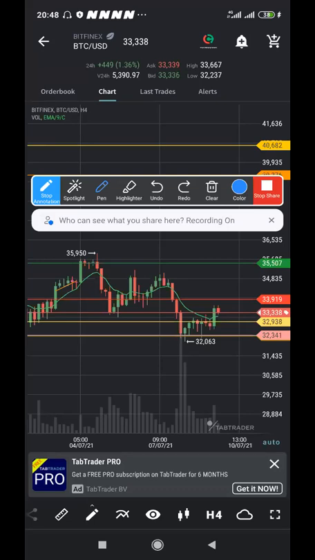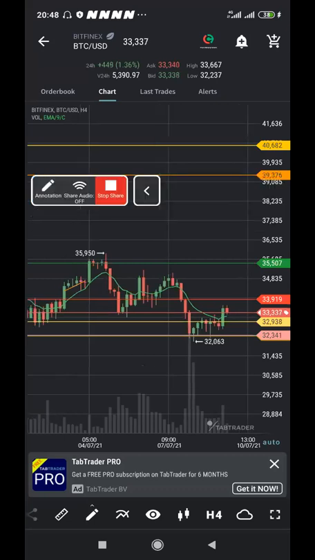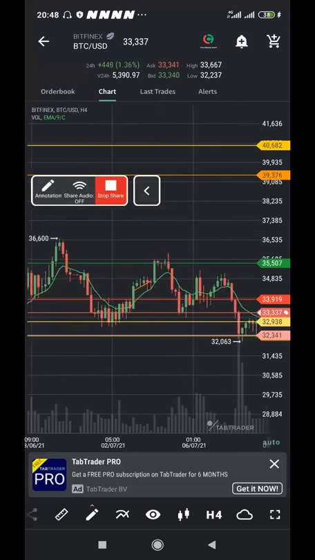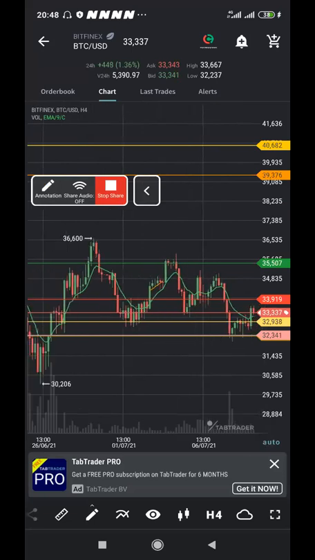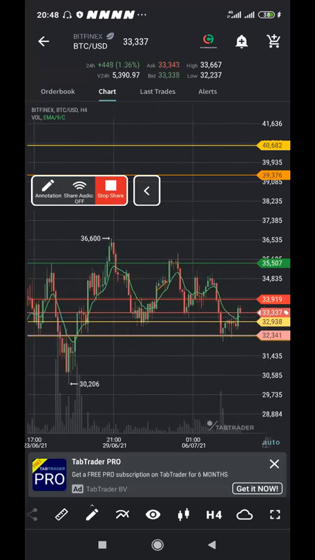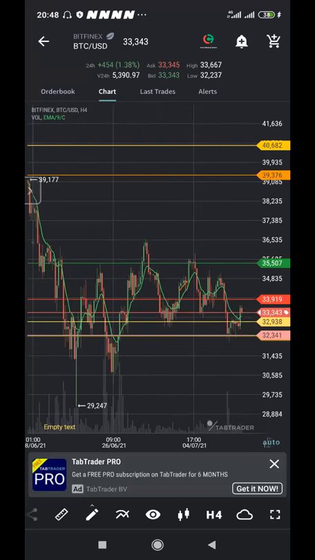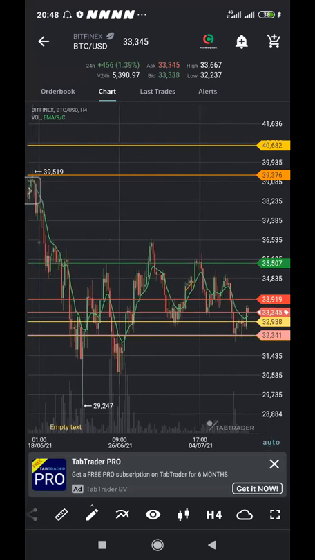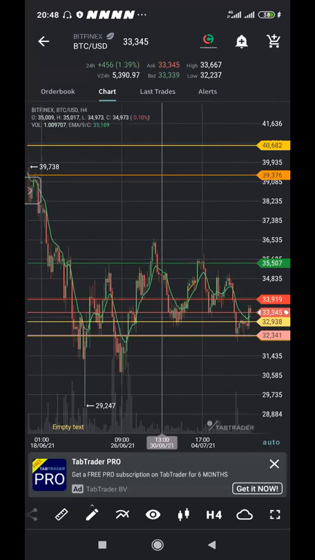It's simple. Look at what we have here. This is a 4 hours chart. You can see this trade started picking up from this point here.